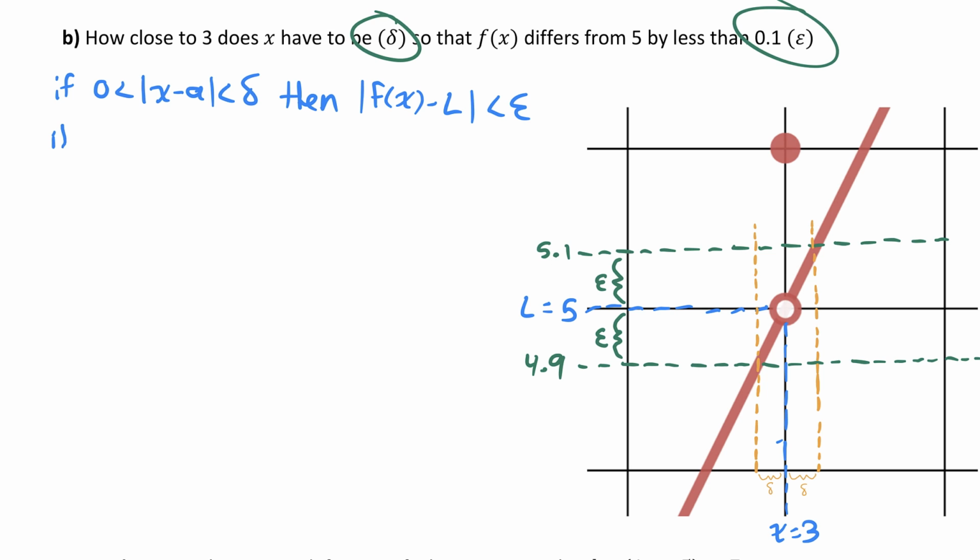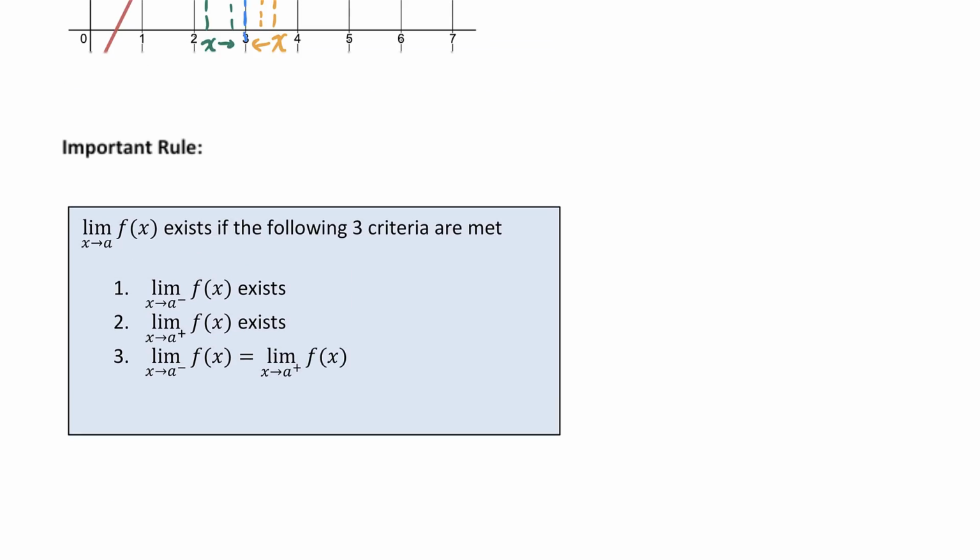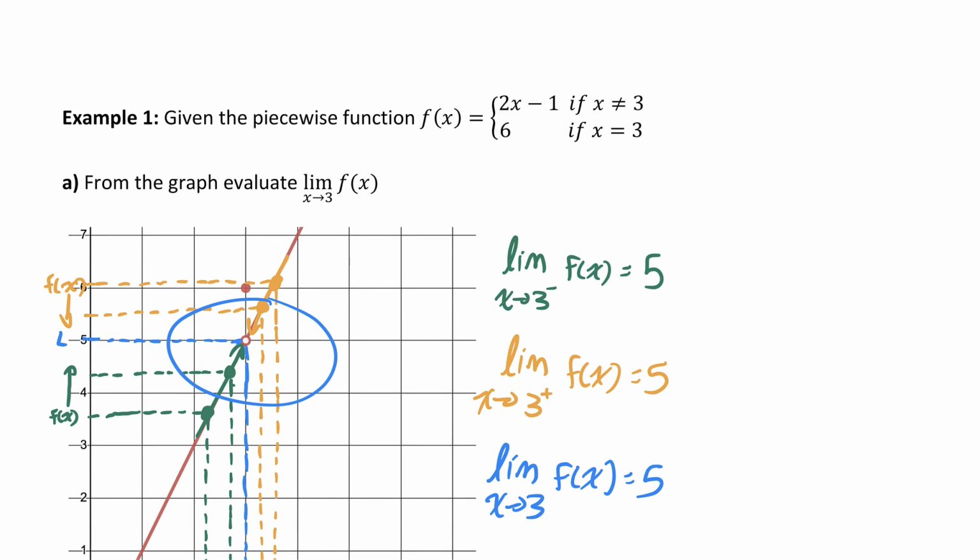So we could say if the absolute value of x minus 3 is less than delta, then f at x, the function, well, if we look back up to the previous question, the function value was 2x minus 1 as long as x isn't 3.